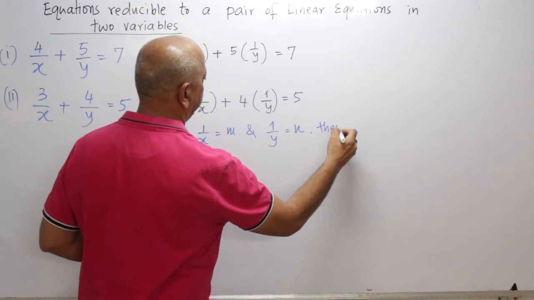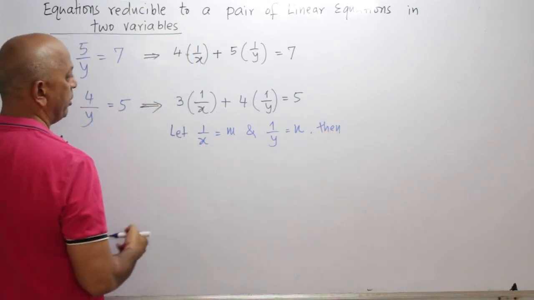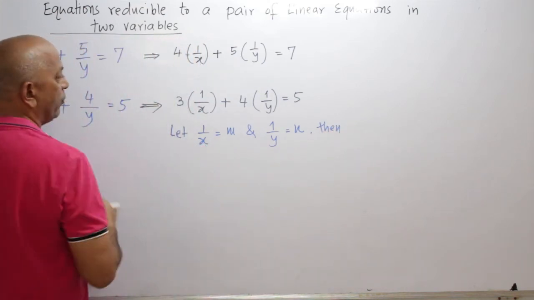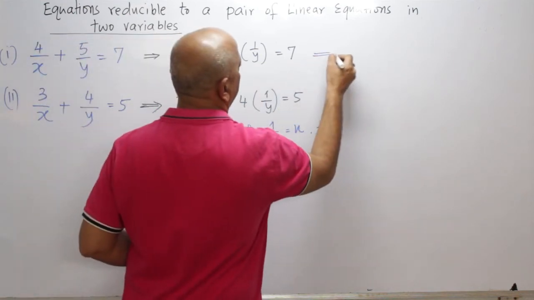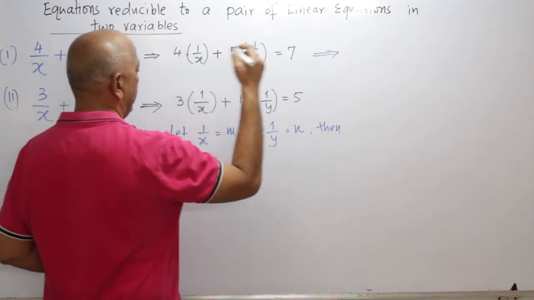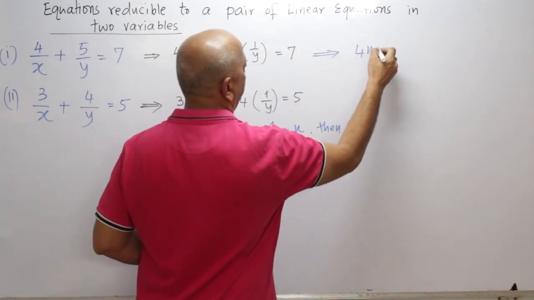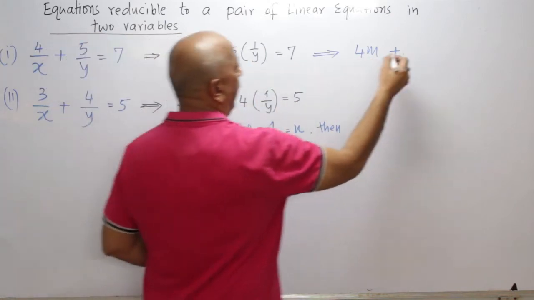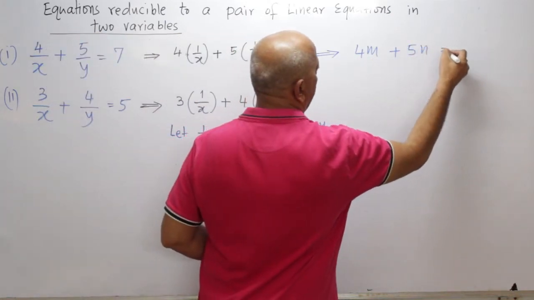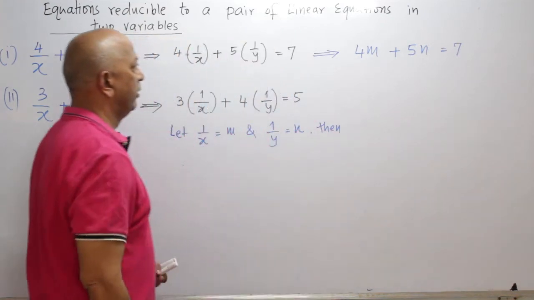Then what do we get as our equations? So equation 1 will become 4m plus 5n is equal to 7.